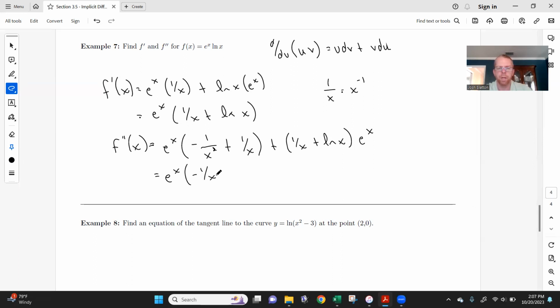We have negative 1 over x squared plus 1 over x plus 1 over x plus ln of x. And then the only thing we have to do is combine these two, 1 over x and 1 over x. We have e to the x times negative 1 over x squared plus 2 over x plus ln of x. And there is our second derivative.